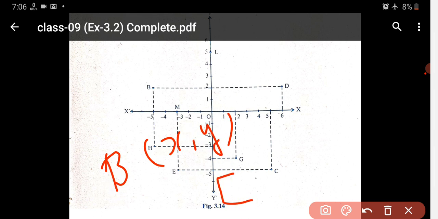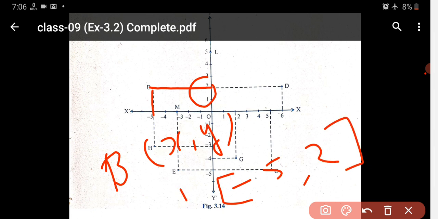What is the value of x for point B? For point B the value on the x-axis is -5, so write here -5, and on the y-axis it is 2, so write here 2. So what is your answer? The coordinates of the point B are -5 comma 2.